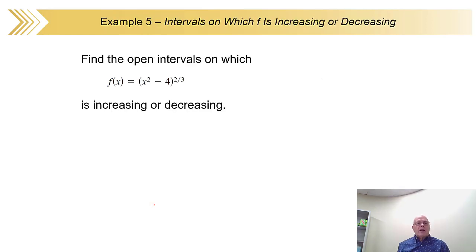So we've got another example here, example number 5. And we've got a function to play with here. We want to find the open intervals on which it's increasing or decreasing. So what's the first thing we're going to do? Find the derivative.